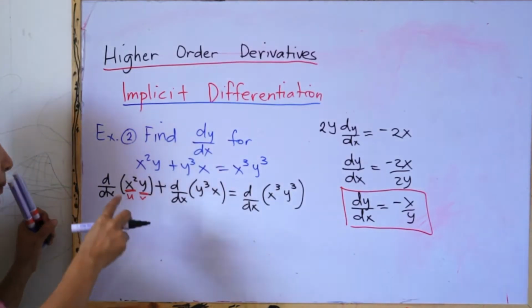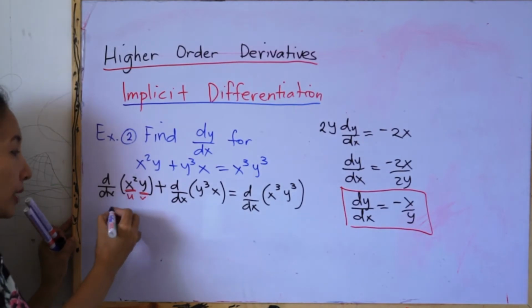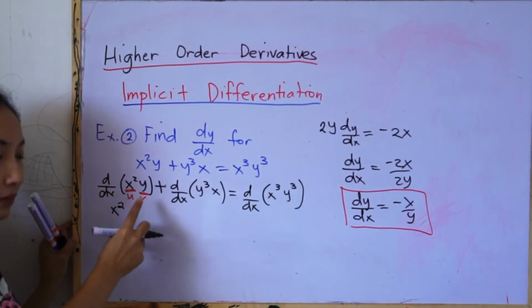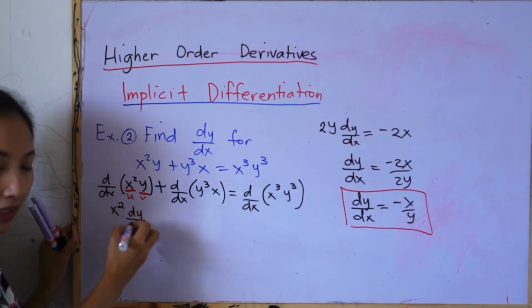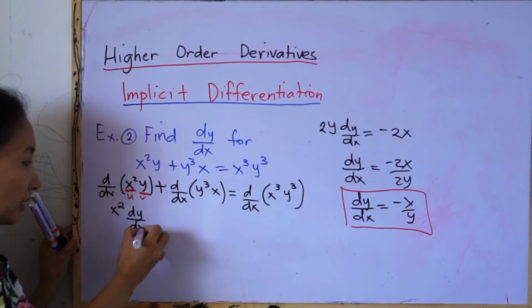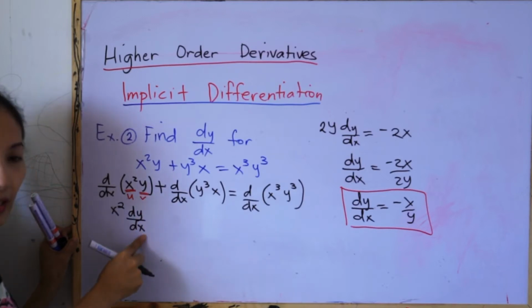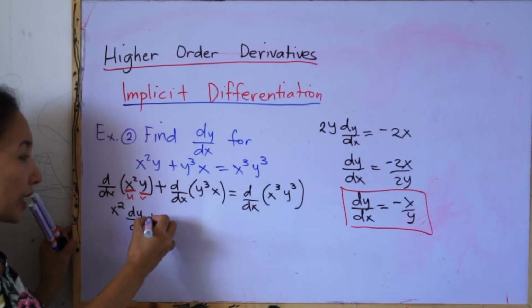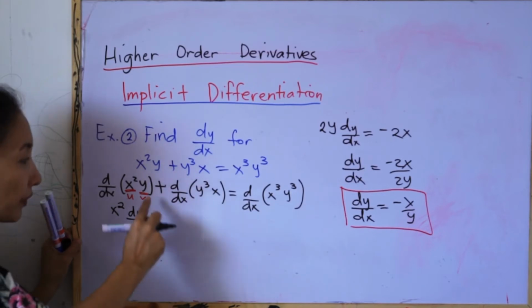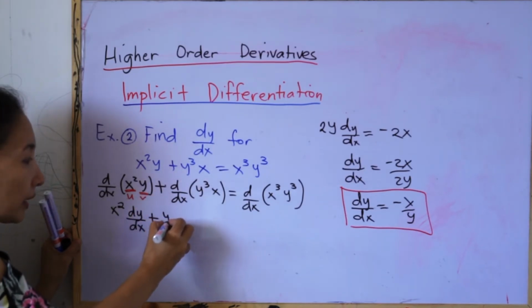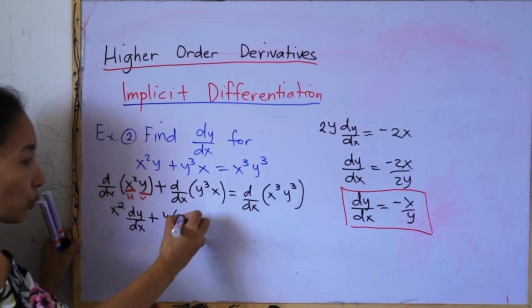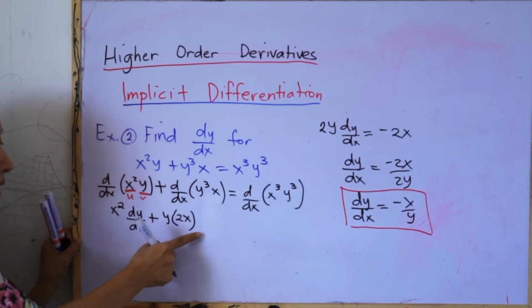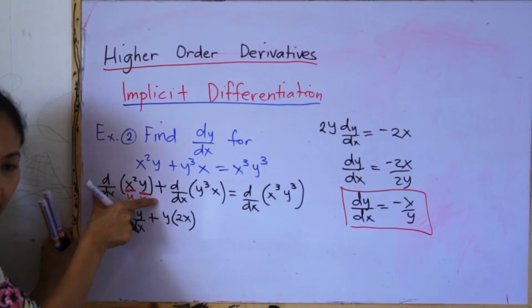Okay, u dv plus v du. U is x squared. dv, that's dy over dx. Okay, derivative of y with respect to x plus v du. V, y times du, derivative of x squared is 2x. Okay? This is only for the first term.